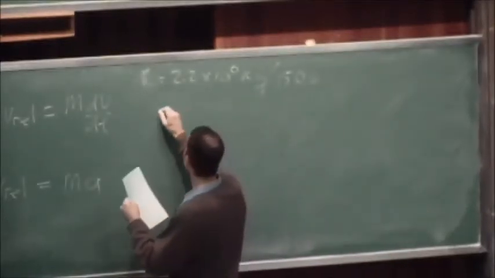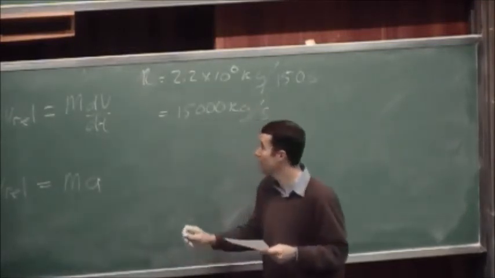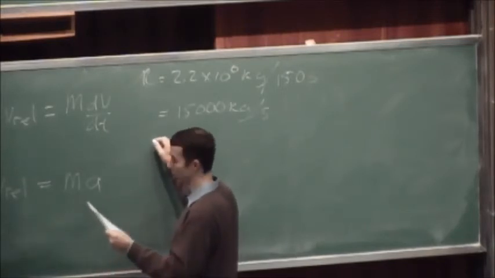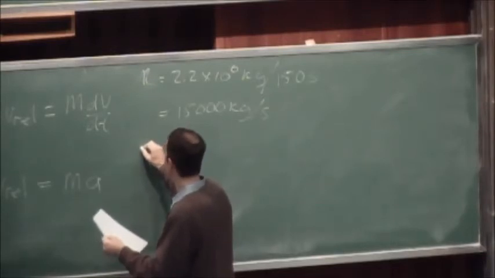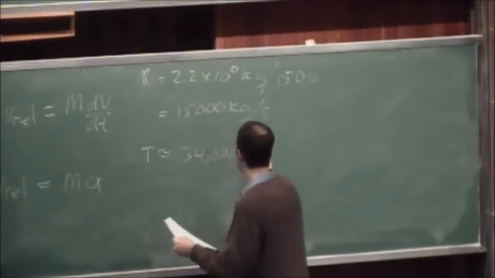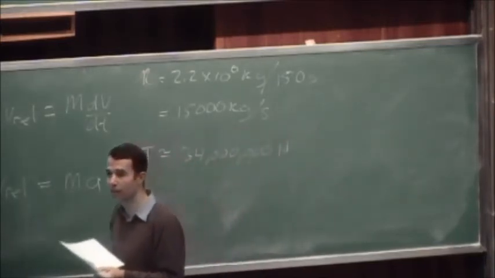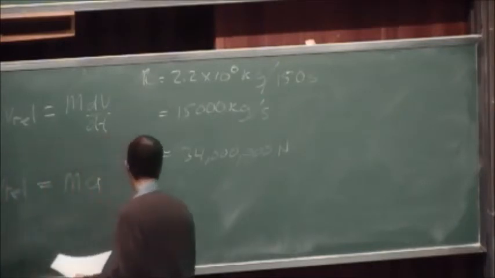So this ends up being about 15,000 kilograms of discharge per second. And I believe the relative velocity was a little over 2,000 meters per second, which gave a thrust of about 34 million newtons. So it was a pretty impressive rocket. So that was the Saturn V.